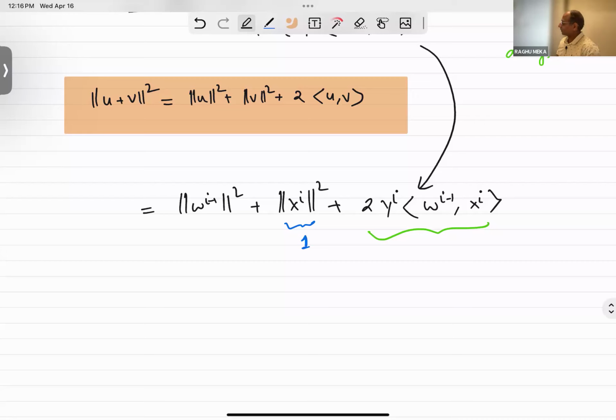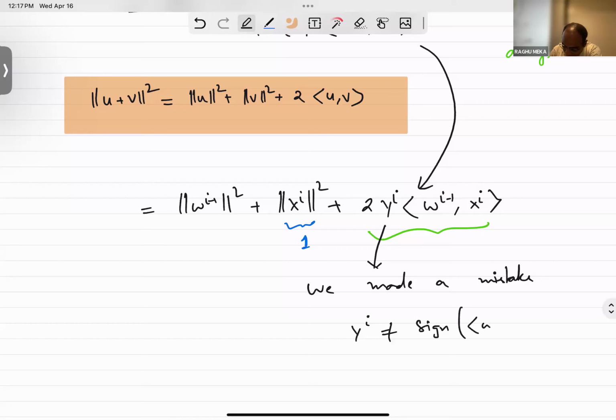So why is this always negative? Well, we made a mistake. That means yi was not actually the sign of wi minus 1. What our previous classifier predicted was the opposite of yi, and this is 1 or minus 1.